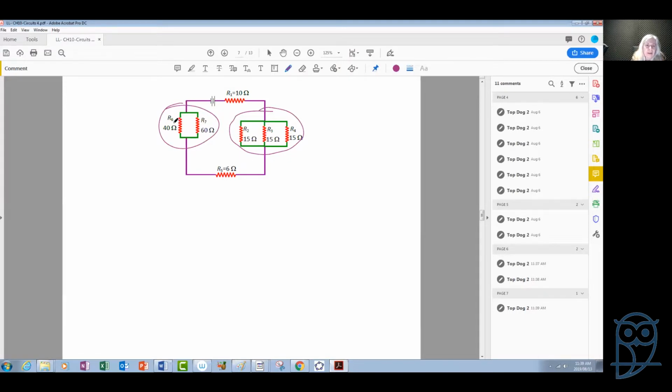So this one first. To find the equivalent of these resistors, R6 and R7, let's call it the parallel of this connection.